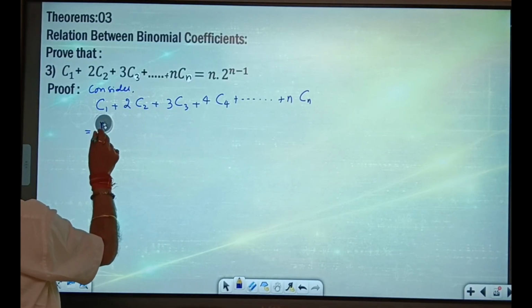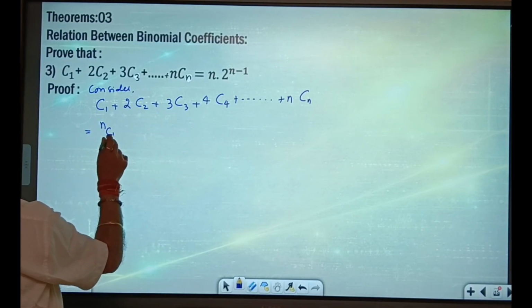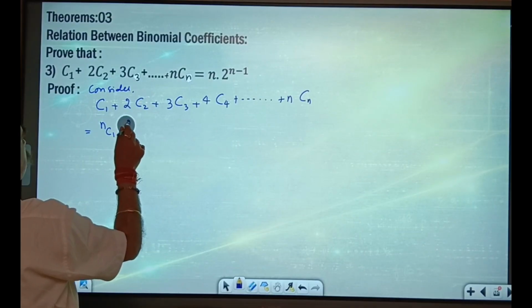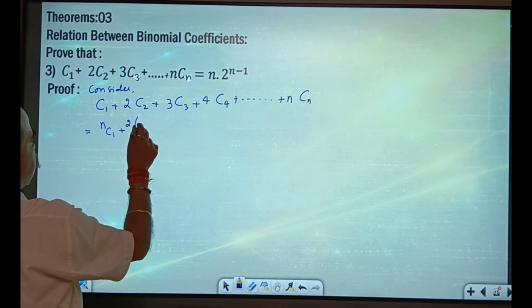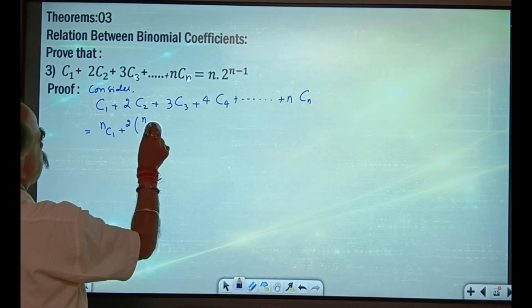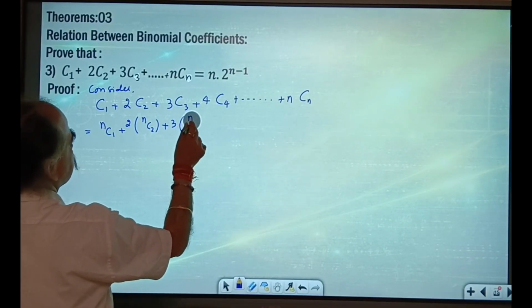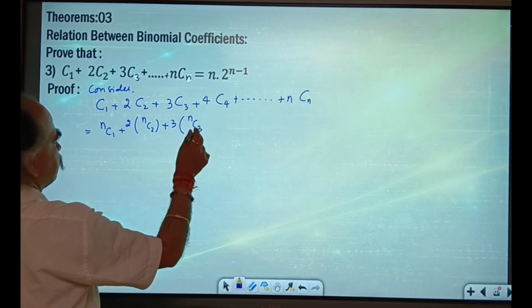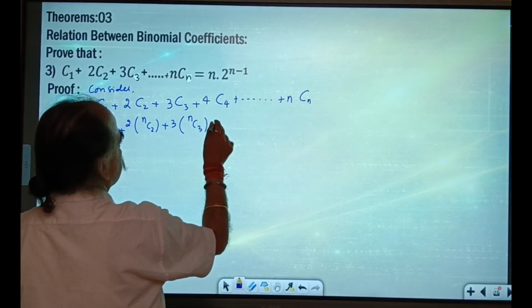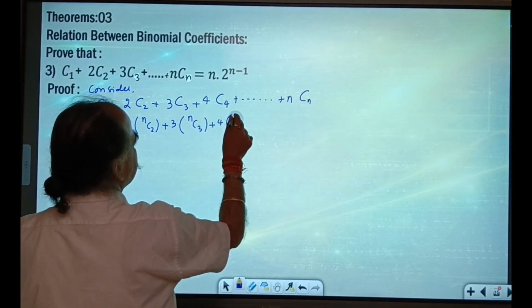C1 is nC1 plus 2 into C2 can be written as nC2. 3 into C3 can be written as nC3. C4 can be written as nC4.